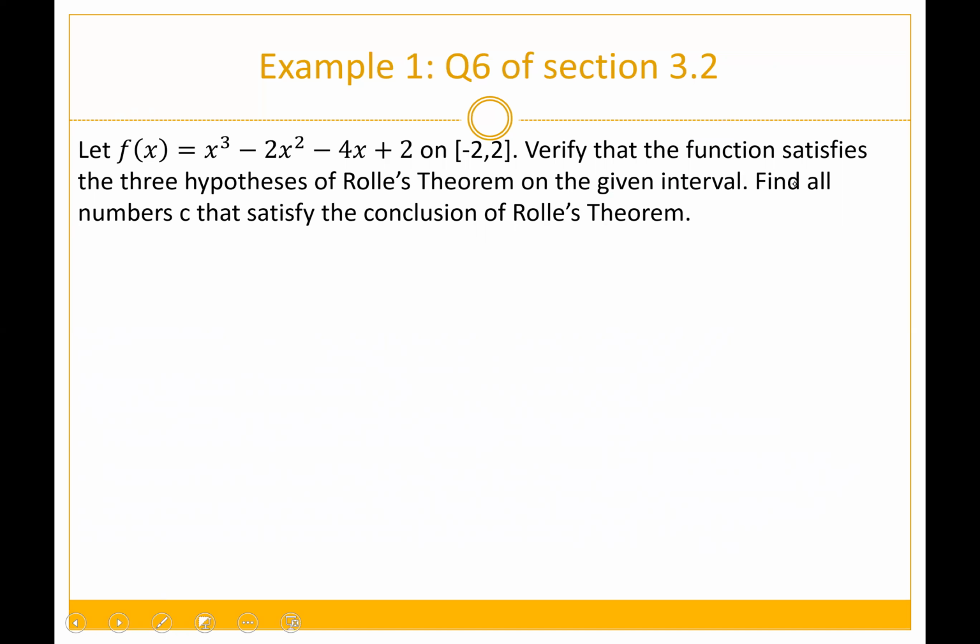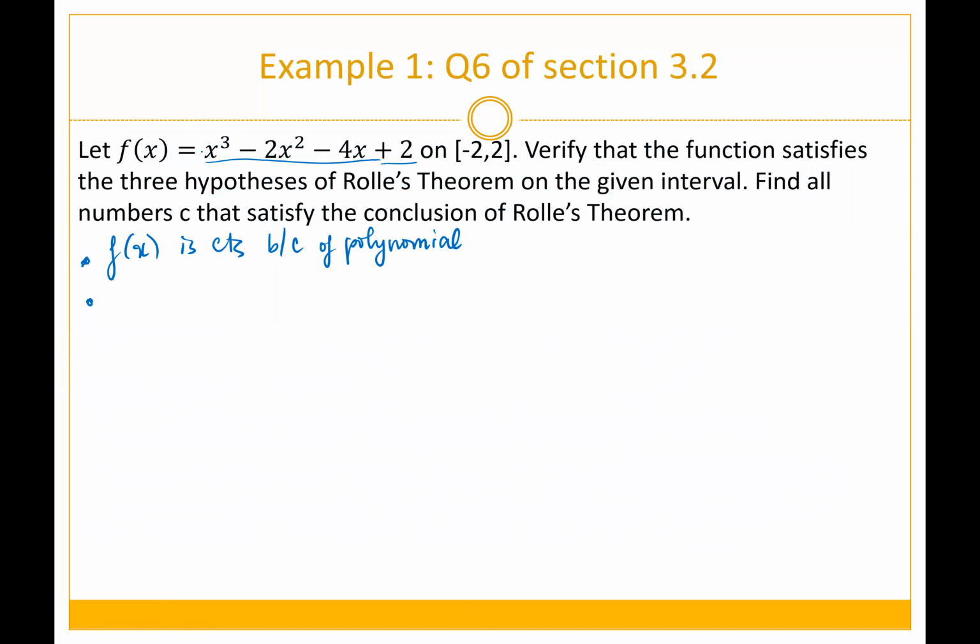So the three hypotheses of Rolle's theorem: f(x) has to be continuous. For sure, this is a polynomial, so I would say f(x) is continuous because it is a polynomial. So it's going to be continuous on negative infinity to infinity, which includes negative 2 to 2.